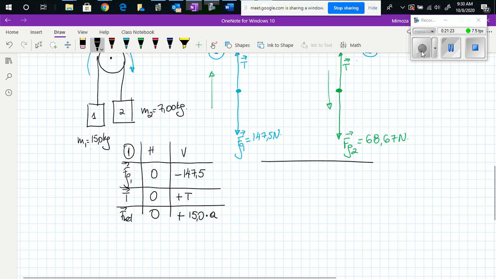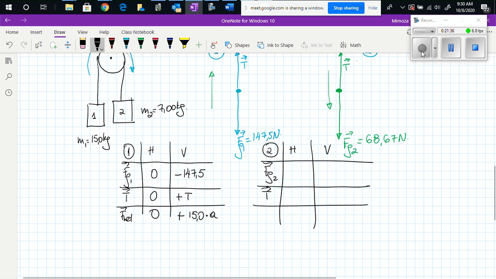Using the same logic, we will construct the table of components for object 2, horizontal and vertical, force of gravity 2, tension, and force net. Horizontals are all zeros because the object is not moving in reference to the horizontal axis.